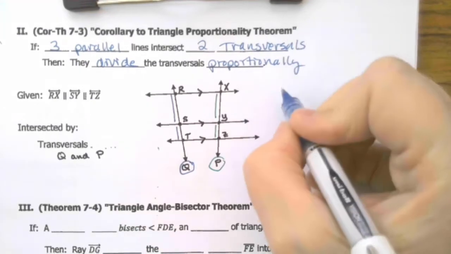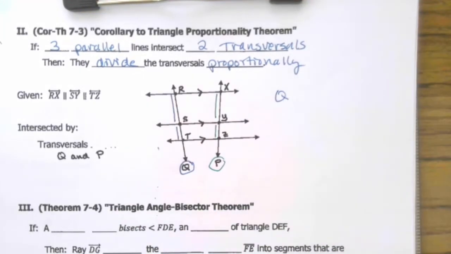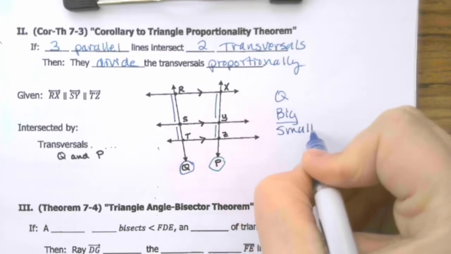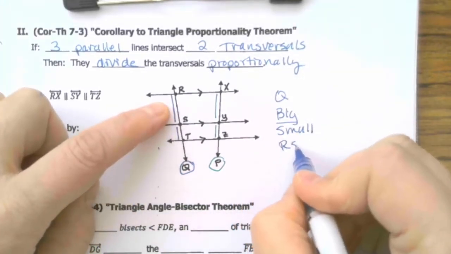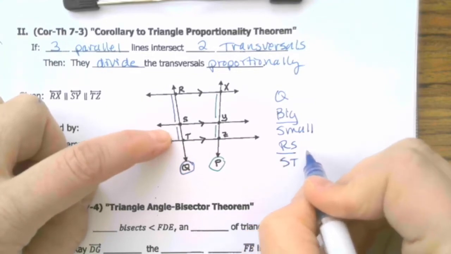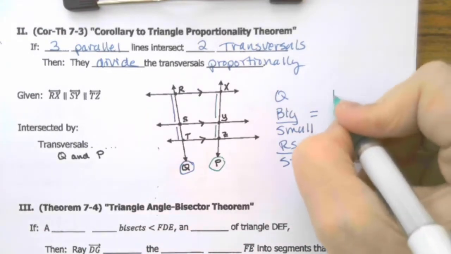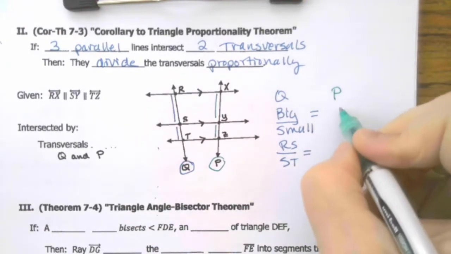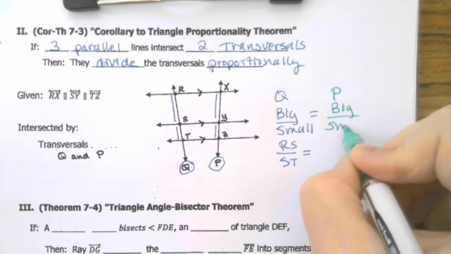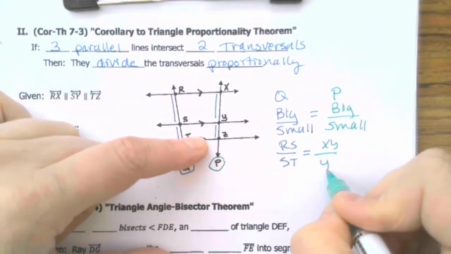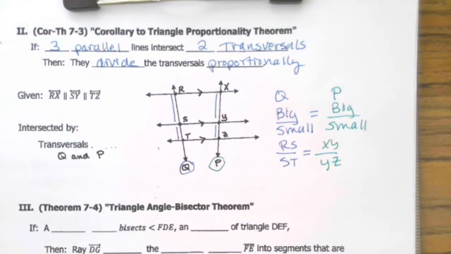So for transversal Q, big piece over small piece, big piece is RS over small piece, which is ST, is equal to, for transversal P, also big piece over small piece, XY over YZ. And we have something we can solve then. Big over small equals big over small. It's a pretty cool theorem, really.